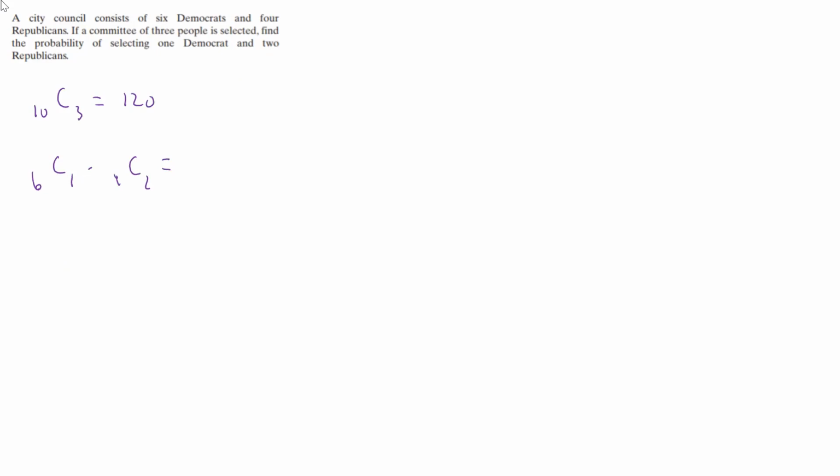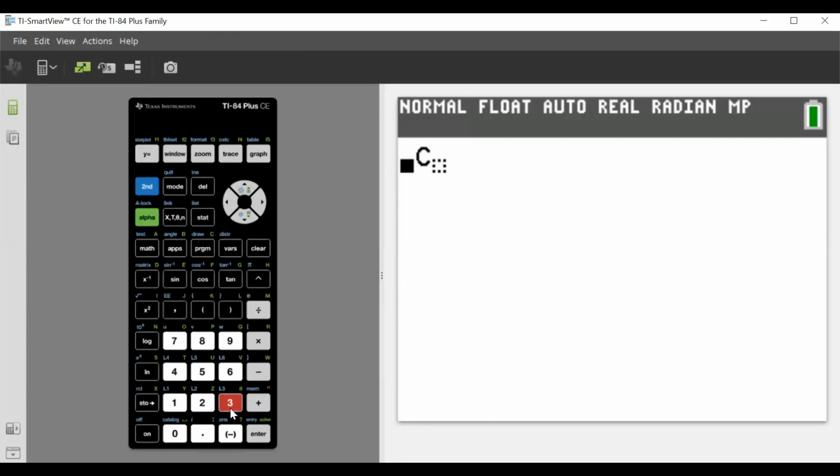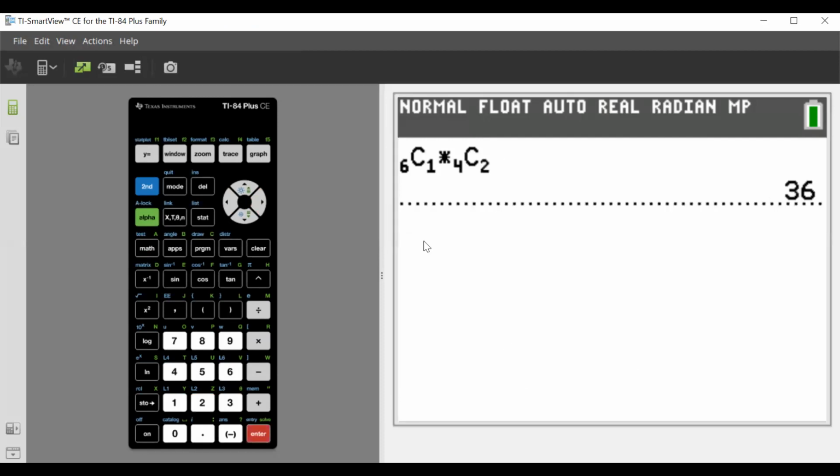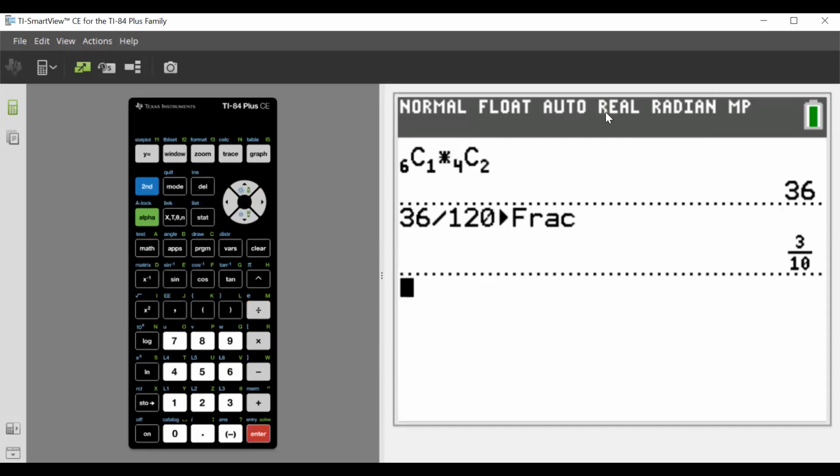So our numerator then will be 6 choose 1 times 4 choose 2, and we get 36. So now we have 36 divided by 120, and if we reduce that, we get 3/10.